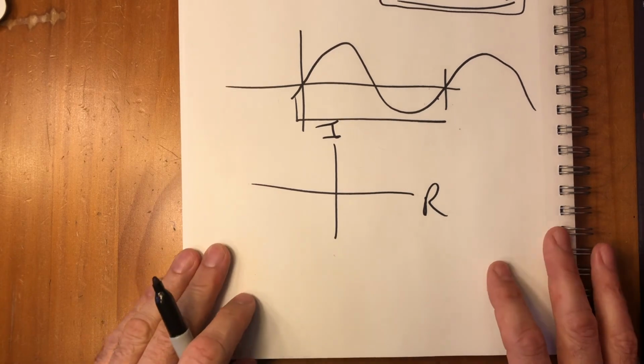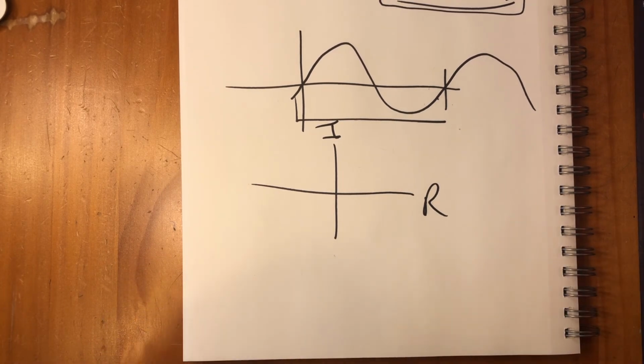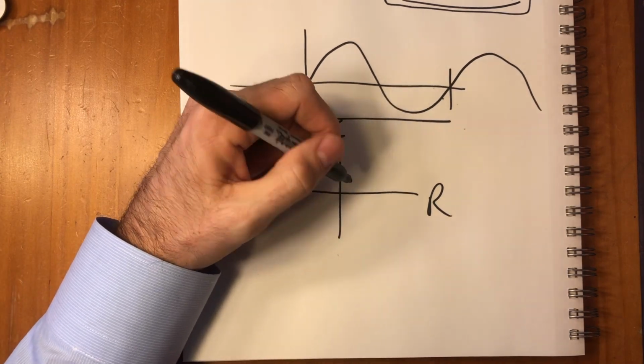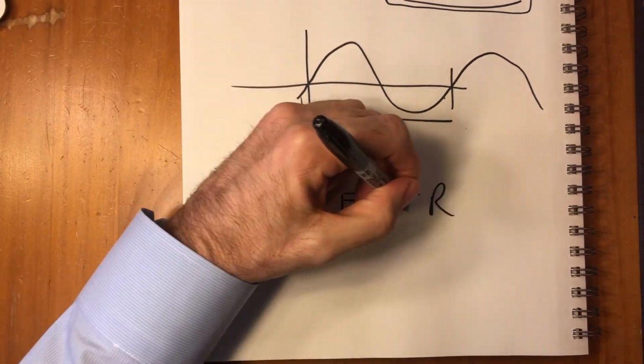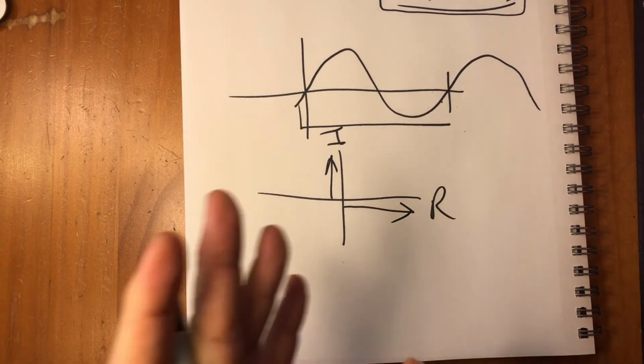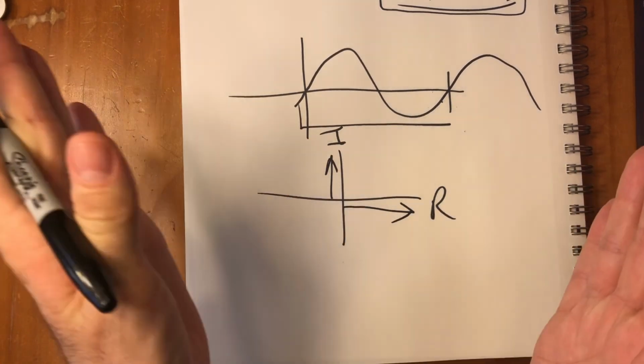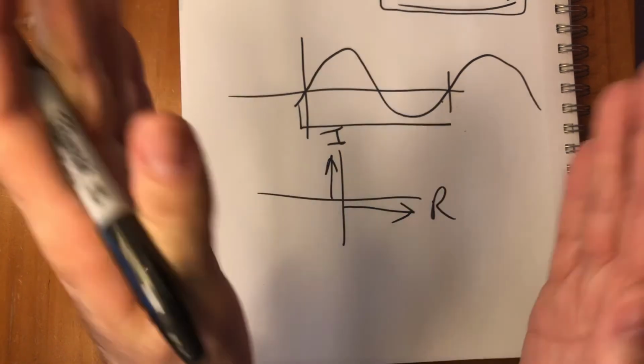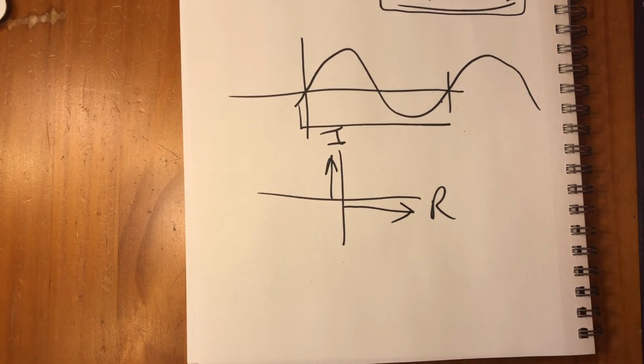Because of that, functions can actually now be periodic in two directions. It doesn't necessarily have to be directly along the reals and directly along the imaginaries, but it can be in two directions, two independent directions.